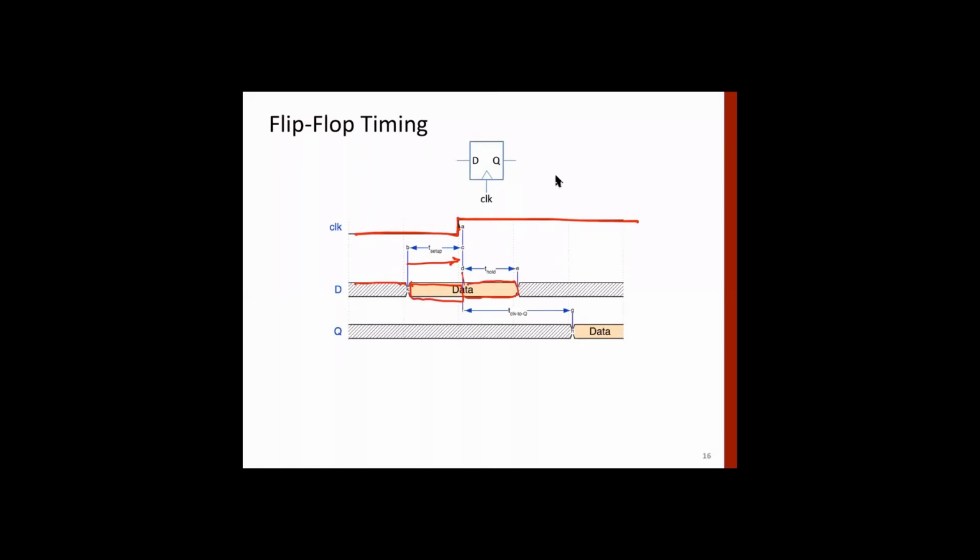So there's a minimum requirement, and then output is available here, the Q, after some time. So these three periods are setup time, hold time, and clock to Q.